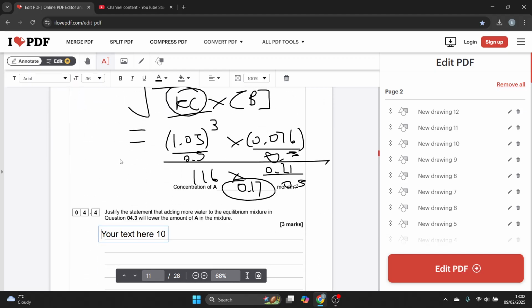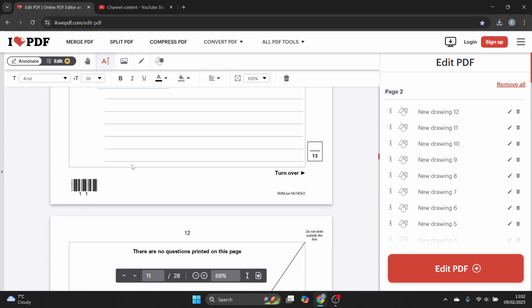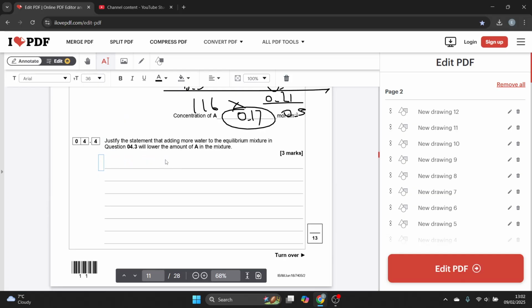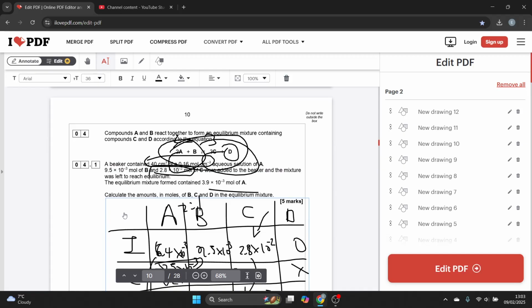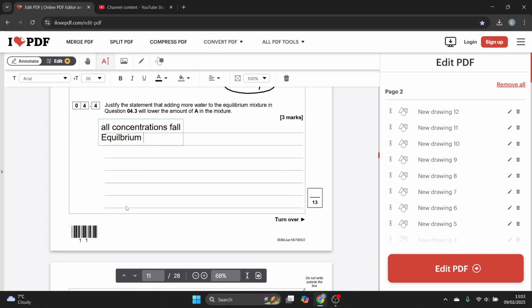If I justify the statement, adding more water will lower the concentration for equilibrium, because if I add more water into the reaction mixture then left to reach equilibrium, and the total volume of that, equilibrium shifts to the side with more moles to oppose the decrease in concentration.